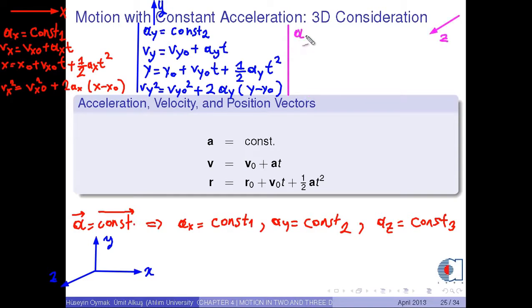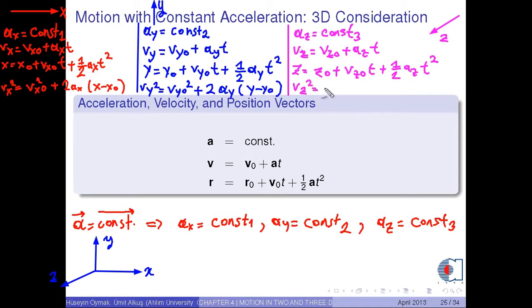And also az equals constant 3, vz equals vz0 plus az t, z equals z0 plus vz0 t plus 1/2 az t squared, and vz squared equals vz0 squared plus 2az times (z minus z0).